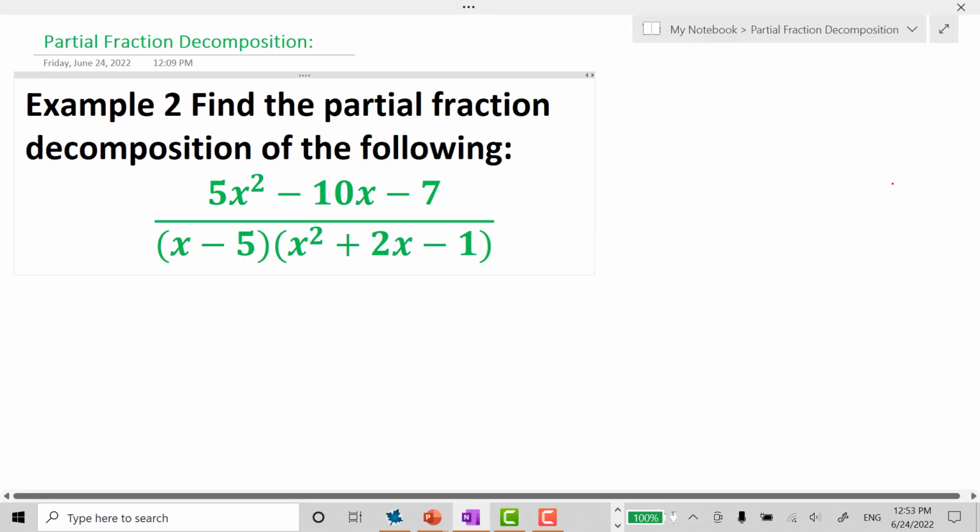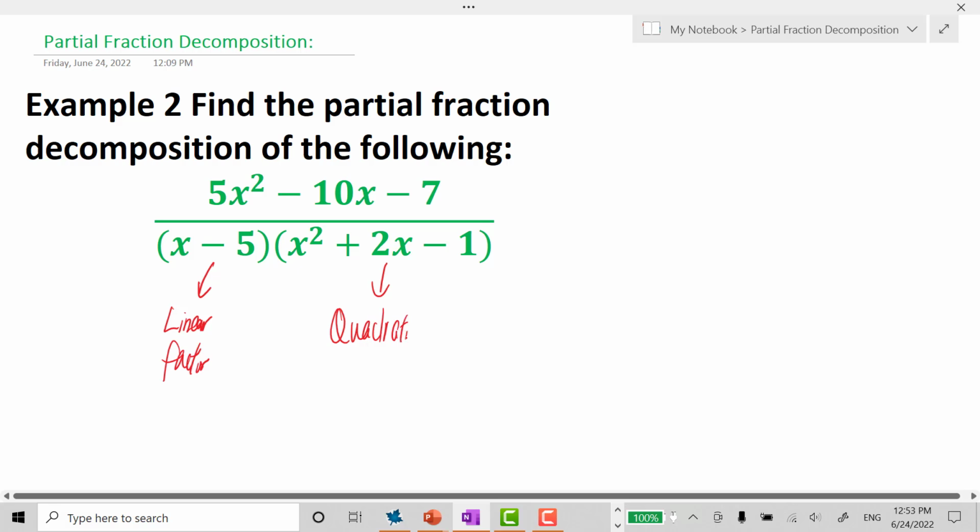All right, in this example we have two different types of denominator. The first one is a linear term, so this is a linear factor, and this is a quadratic factor. And well, we still have to decompose it.